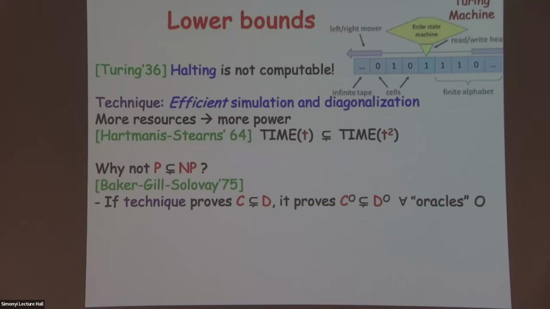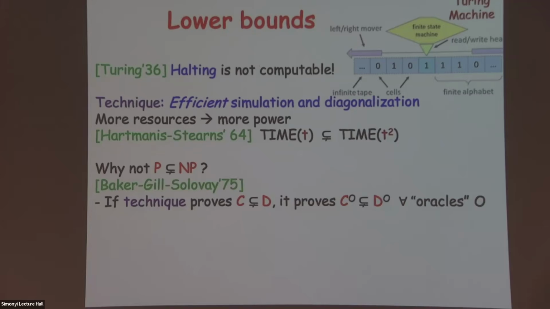If this technique proves that some two classes are separated, let's say C and D, then the same will hold if you equip each of these machines with the ability to access some oracle, namely some fixed function, maybe uncomputable, it doesn't matter. But it's a fair game. All sides get to ask the same oracle question. So it's a weakness of the technique that it doesn't notice whether an oracle is added or not.